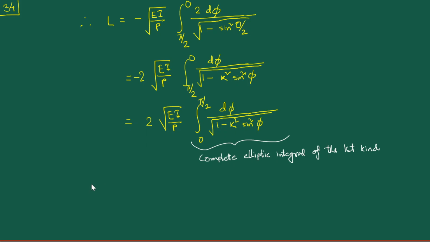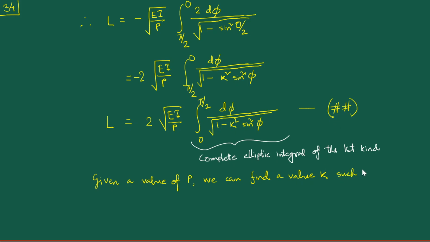So what we can do now is say that given a value of P, we can find a value of K, such that this equation numbered hash is satisfied.